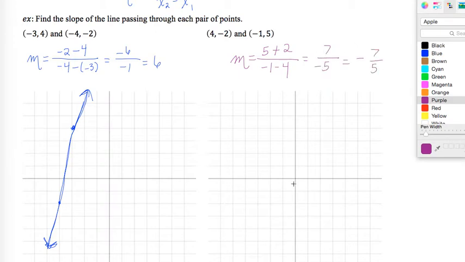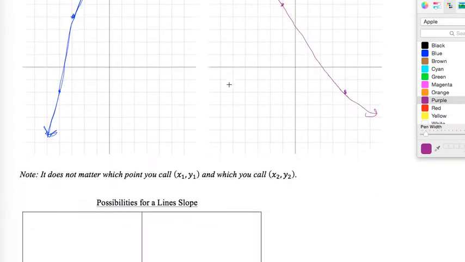Right. So plotting these 2 points, 4, and then -2 is there, and -1, 5 is there. This is a little bit bigger than 1, so it's still on the steeper side, but it's negative, so the line is going down as we go from left to right.